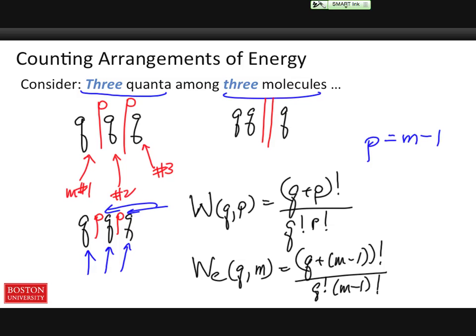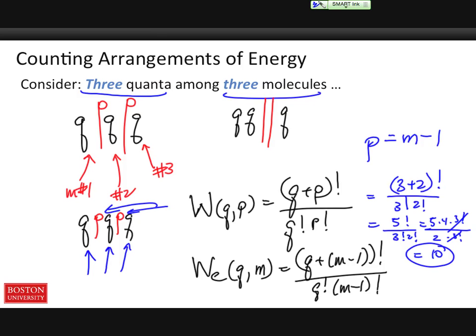And if we try this on our example over here, I get 3 plus 2 factorial over 3 factorial 2 factorial, which is 5 factorial over 3 factorial 2 factorial, which is 5 times 4 times 3 factorial over 2 times 3 factorial, which is 10. So hopefully you found the 10 arrangements of 3 quanta on 3 molecules.